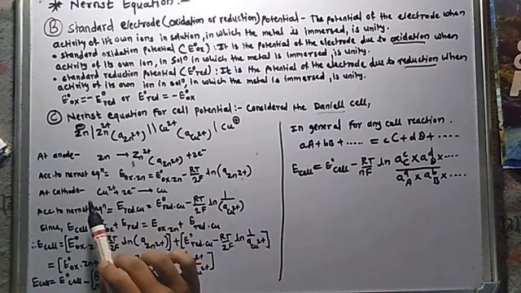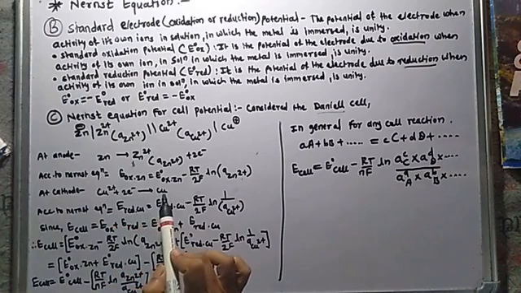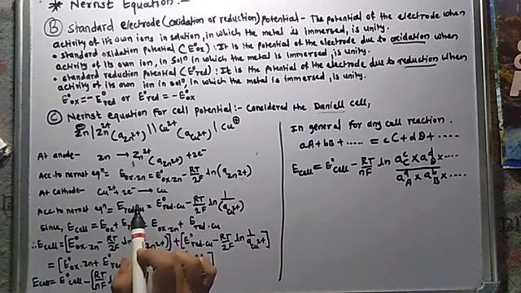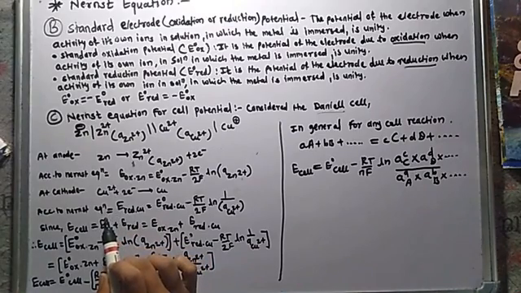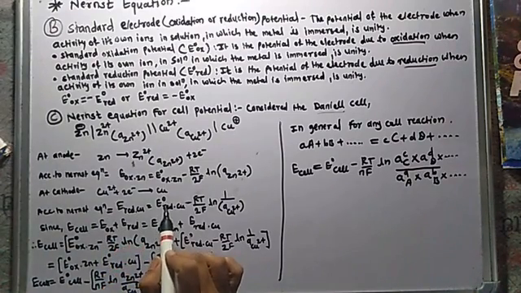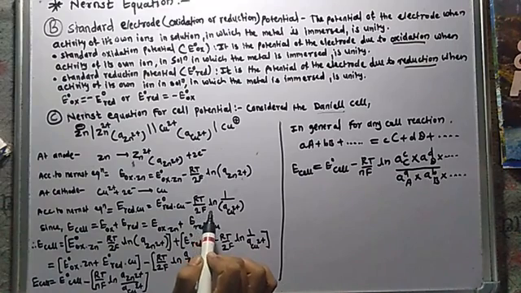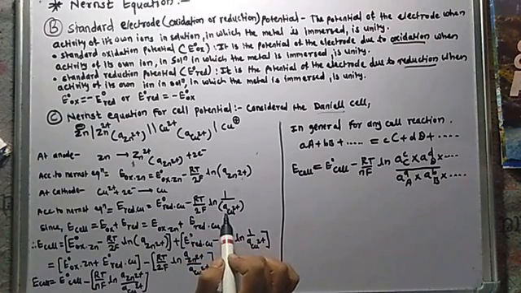In the other half cell we obtain the reduction reaction at the cathode, that is Cu2+ plus 2 electrons gives Cu. And according to the Nernst equation, the reduction electrode potential is given as E reduction of copper equal to E standard reduction of copper minus RT upon 2F ln of 1 divided by activity of Cu2+.